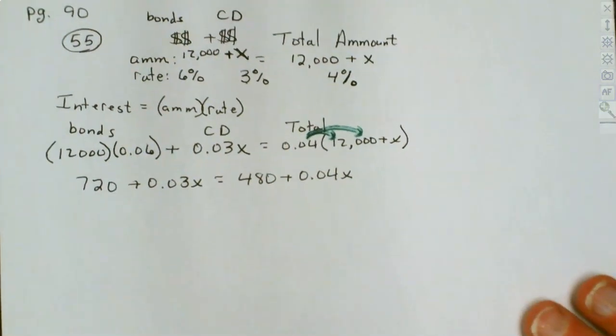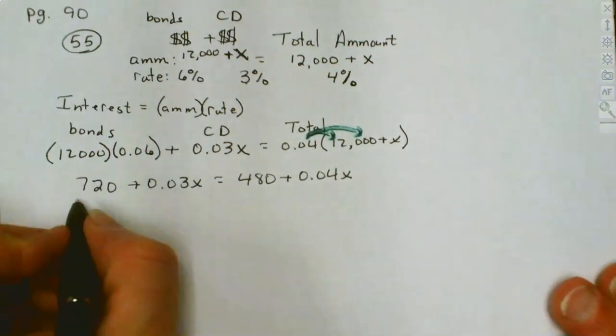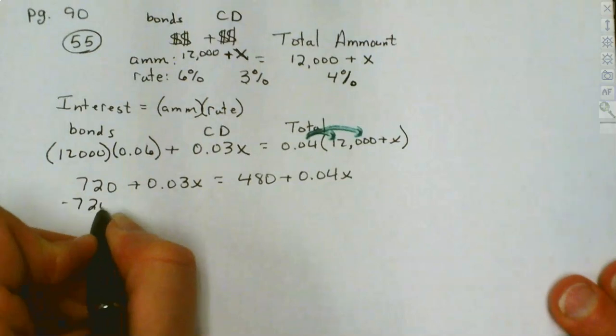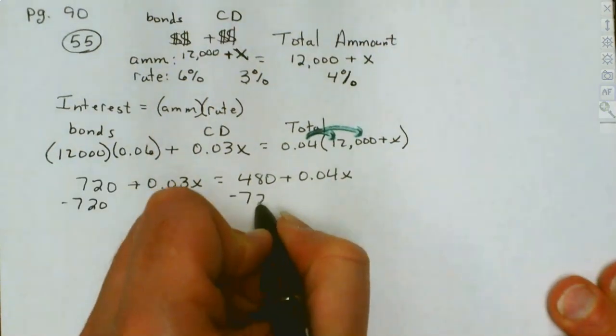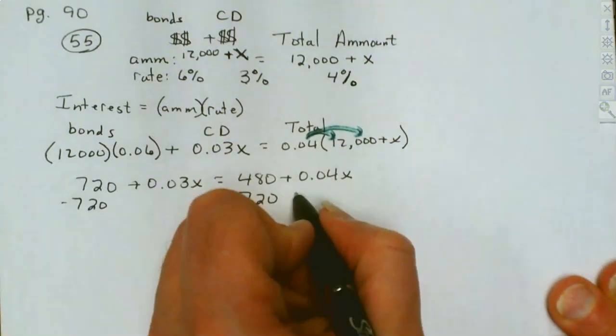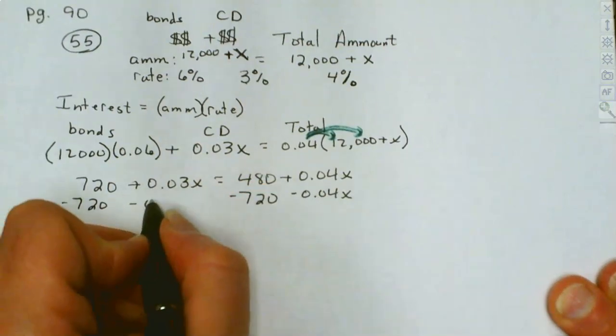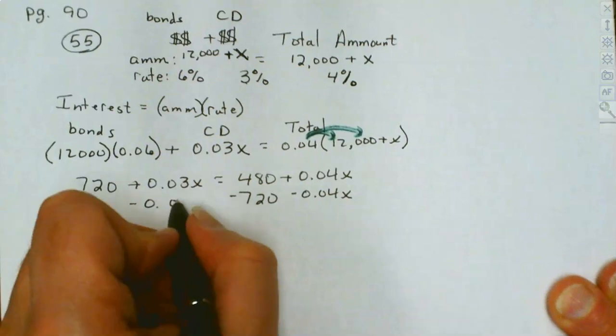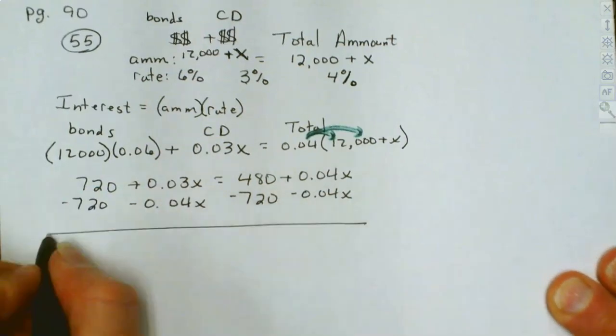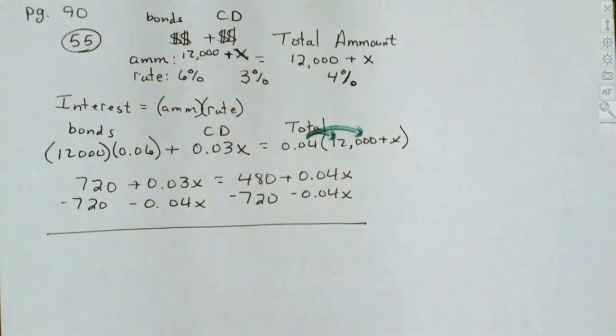Okay, we should be a lot better at solving now, hopefully. So I'm going to move things around. I'm going to move that 720 over with subtraction, and then I'm also going to move over that 0.04x, so it goes to the left-hand side. You could do it in two separate steps, but I think we've done enough of these now that if you wanted to, you could do it in one, like what we're doing here.